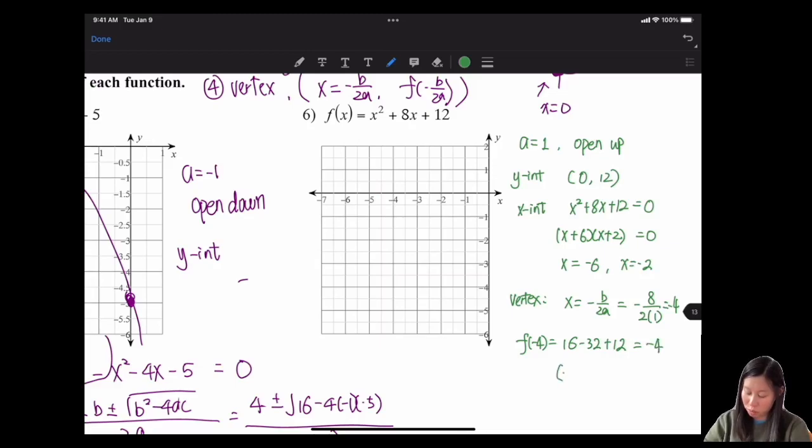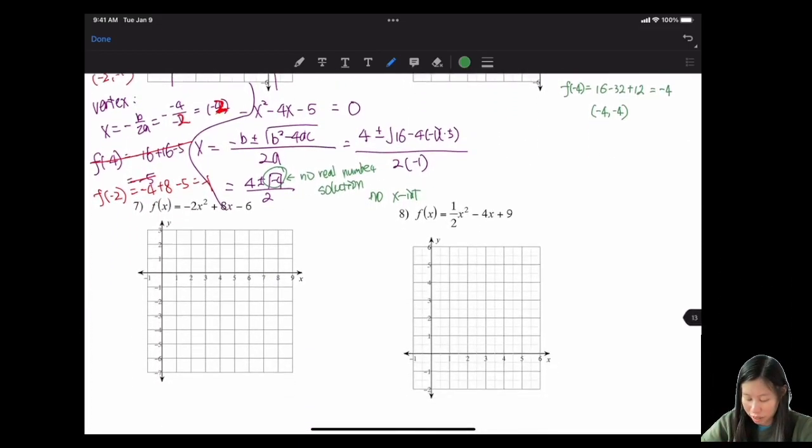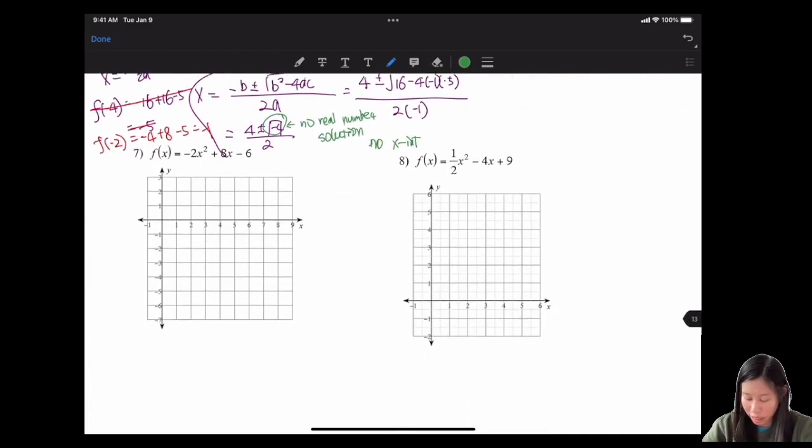So the vertex should be when x equals negative 4, y equals negative 4. Okay, the vertex is negative 4, negative 4. The x-intercepts are negative 6 and negative 2. The y-intercept is outside of this graph, which is fine. That means we don't plot the y-intercept here. So here's the graph.